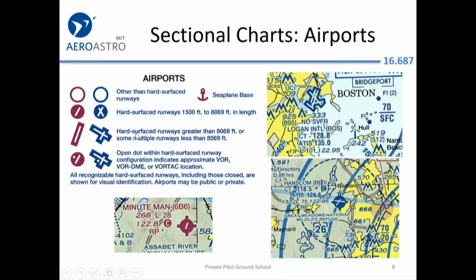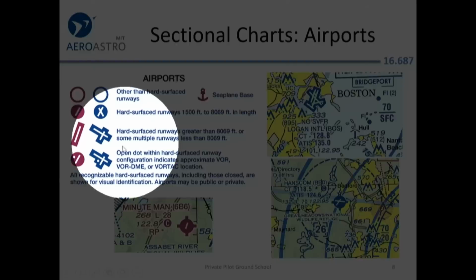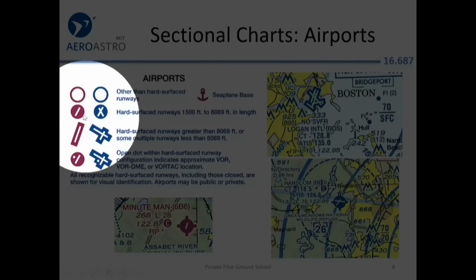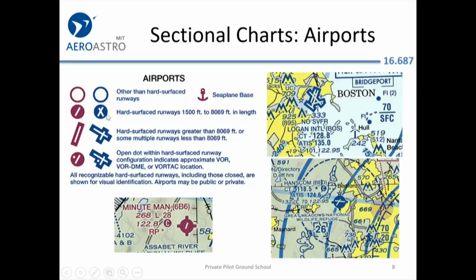It just tells you exactly what that information is. Smaller airports with shorter runways have these circles with lines, and the lines are generally trying to depict the runway. The line here will generally be aligned with the direction of the runway. And when there are two lines, that generally is representing two runways.